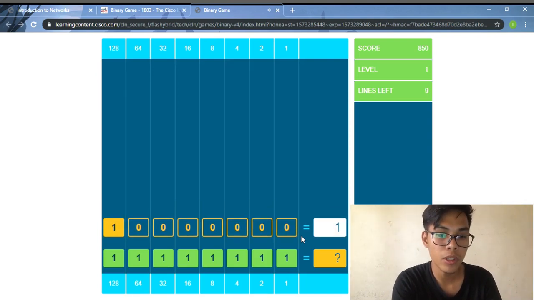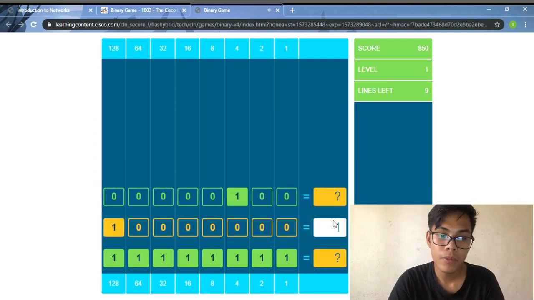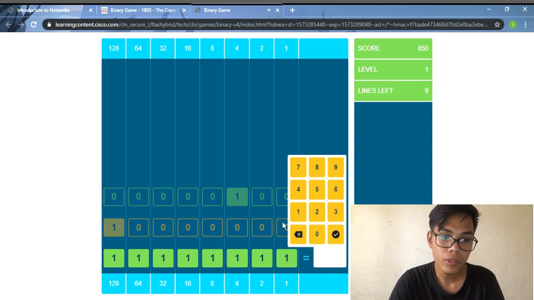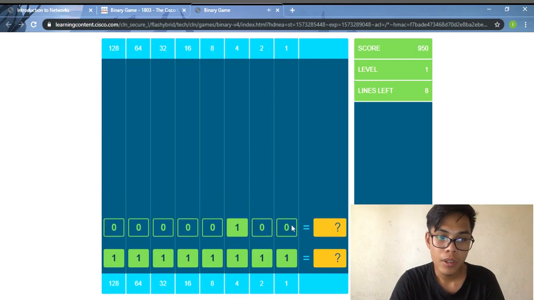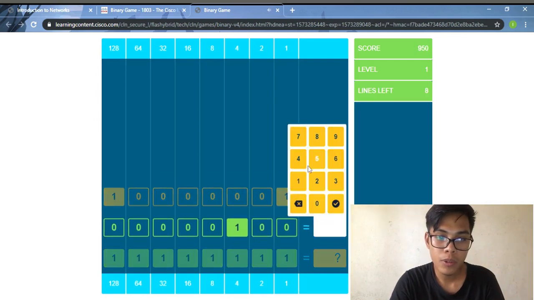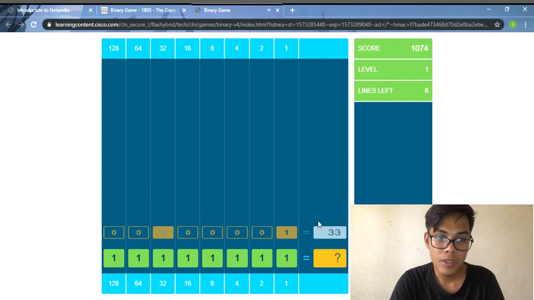So 128 plus 64 plus 32 plus 16 plus 8 plus 4 plus 2 plus 1 is equal to 256. No. Let's eliminate this first. This is 4. Let's eliminate the easy ones. 33 is this.